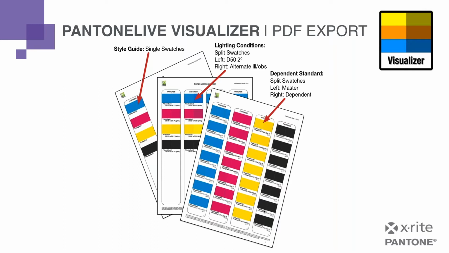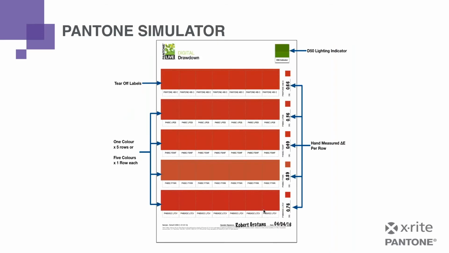And so we can predict how that color will look so that someone has an achievable reference that they can run to. And if you want a physical output of that, you can go on to the Pantone website and order these simulator guides, where we can show you how that color will look for different conditions.